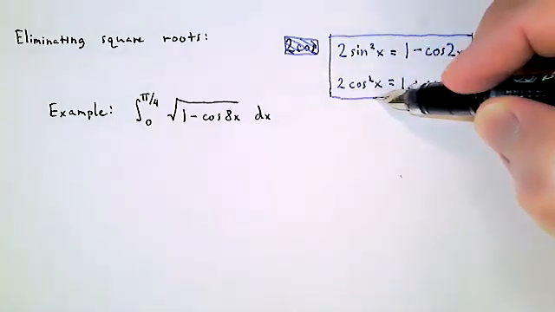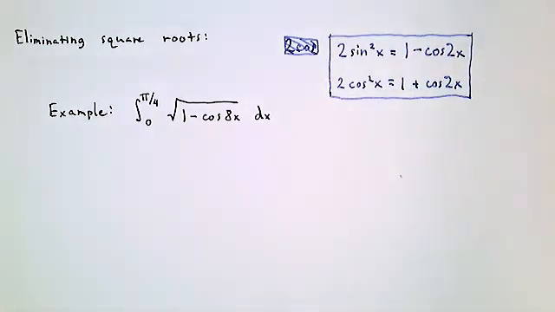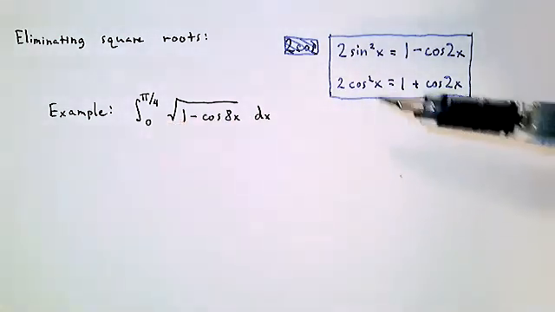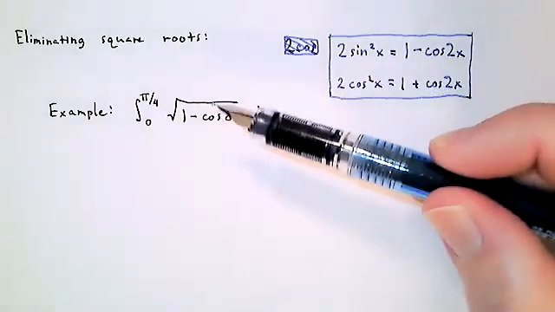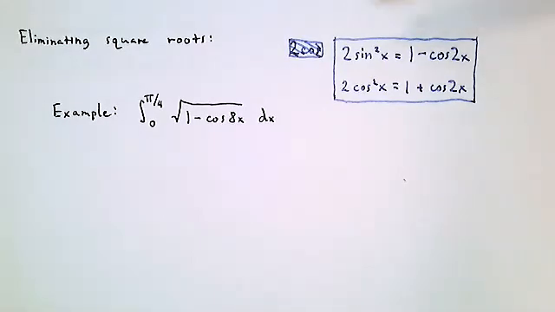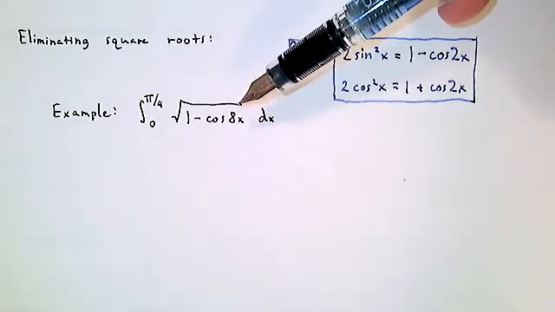So these two rules, rearranging the formulas from the last section a little bit, can help us with problems like this, because when you take a square root of a function squared, well, we can get rid of the square root most of the time. So there is a little bit of subtlety here.